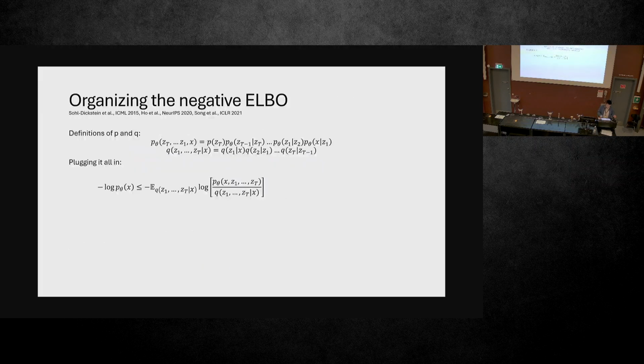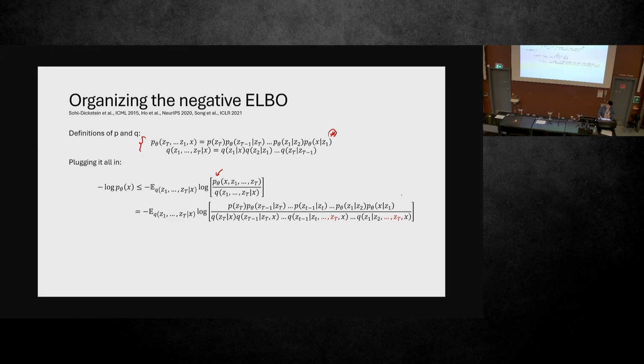Okay, so this is our choice of factorization. And we can then plug this into our ELBO, right? We can factorize our P according to this factorization, and we're going to see some benefit here. This is just by definition, the definition of P. For the inference part, I'm going to do something slightly different.